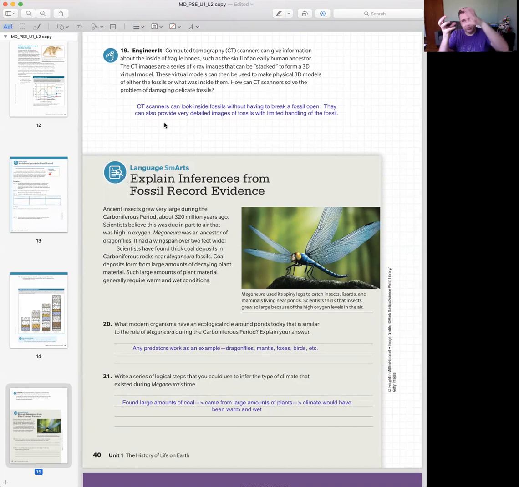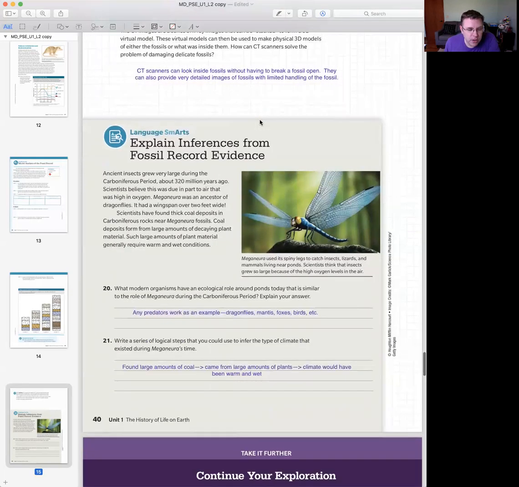So we're not having to hold it and move it around and pass it to our buddy scientist over here, who then holds it and moves it around. Really, one time moving it onto the CAT scanner, taking the scan of it, then you can put the fossil away, and then you have that nice detailed 3D image that you can study after that initial scan. So a little bit of limited handling there.